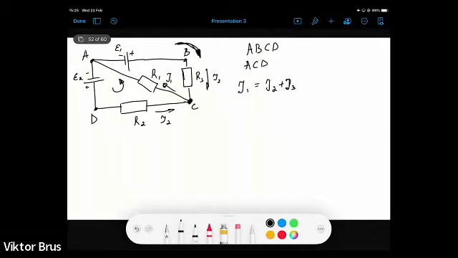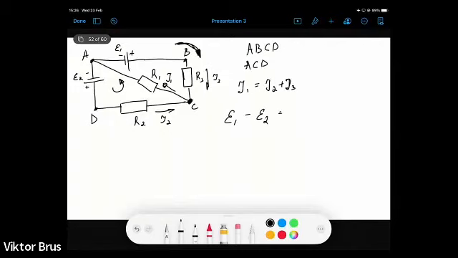The current generated by the first battery E1 is in the direction of the path of the loop, so the electromotive force goes with a positive sign. For the other battery, the current it generates is in the opposite direction to the path of the loop ABCD, so it comes with a negative sign.